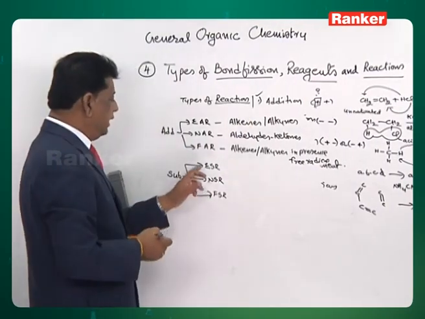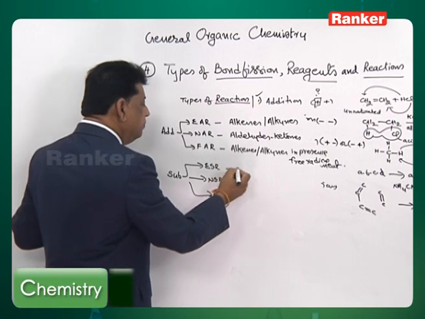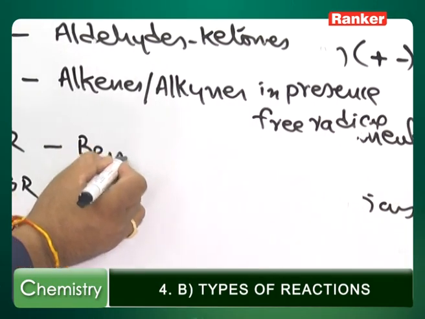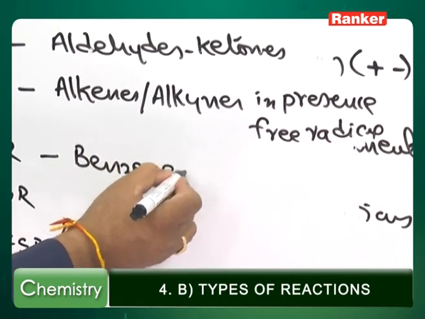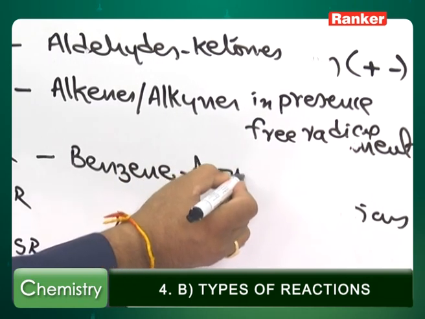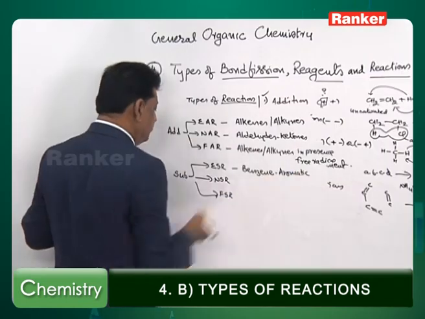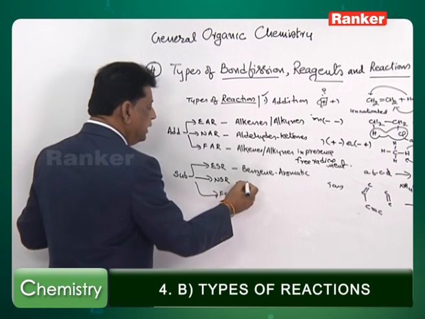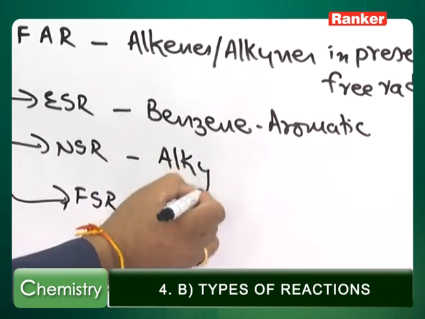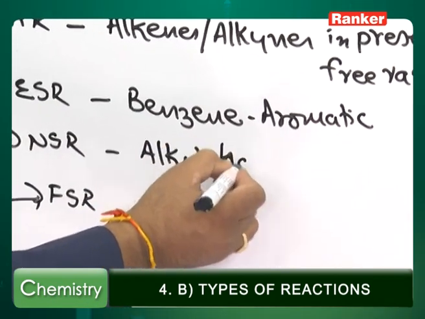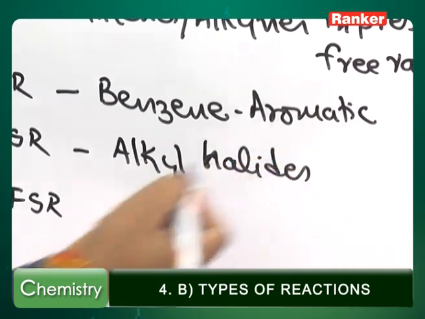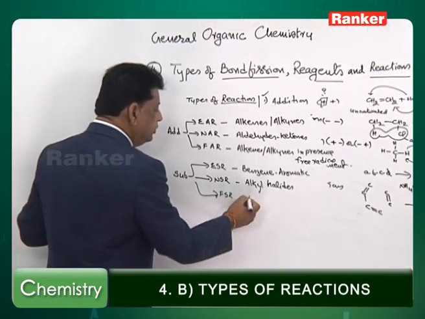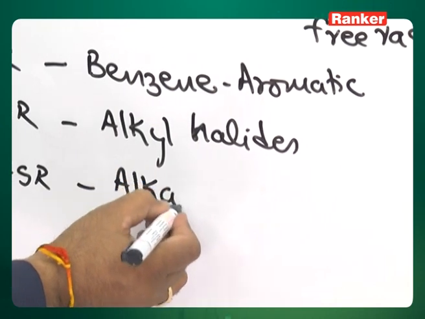Similarly, substitution: electrophilic substitution, benzene and aromatic compounds undergo this reaction. Benzene and aromatic compounds, it is the characteristic reaction. Nucleophilic substitution, alkyl halides undergo this reaction, RX. Free radical substitution, alkanes undergo this reaction.